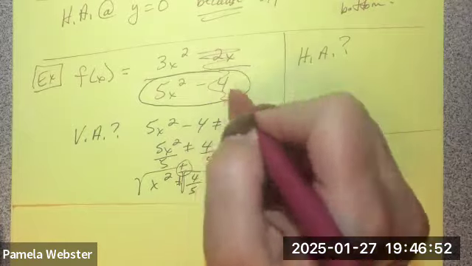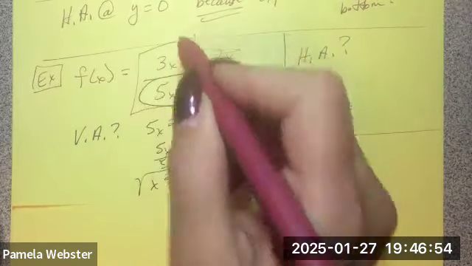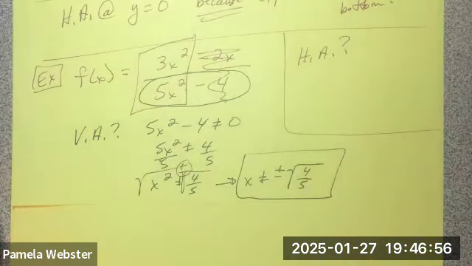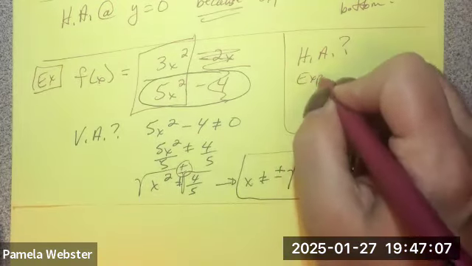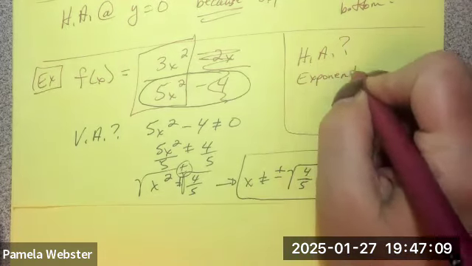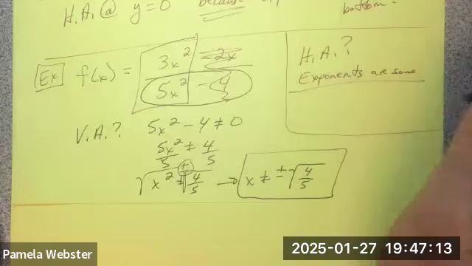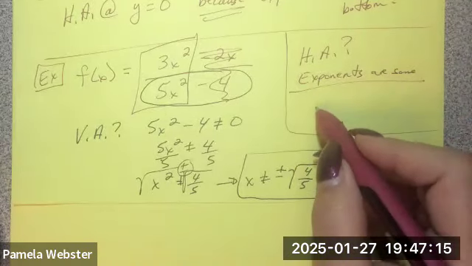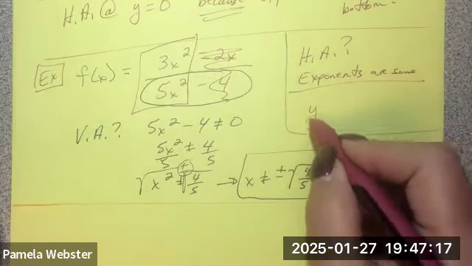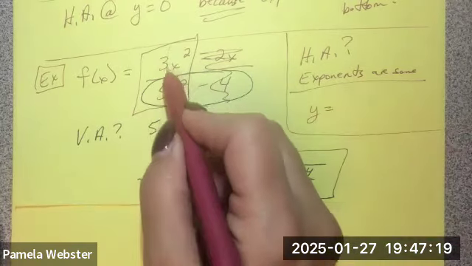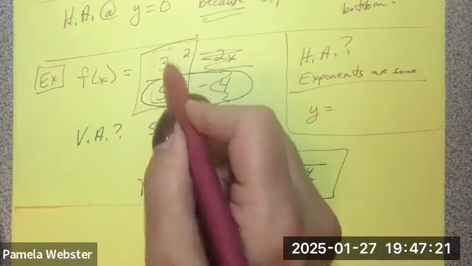Okay, remember, I don't care about those guys. I'm going to focus in there. The biggest term on top has an exponent of 2. The biggest term on bottom has an exponent of 2. So the exponents are the same. So take the coefficients right here and divide them.